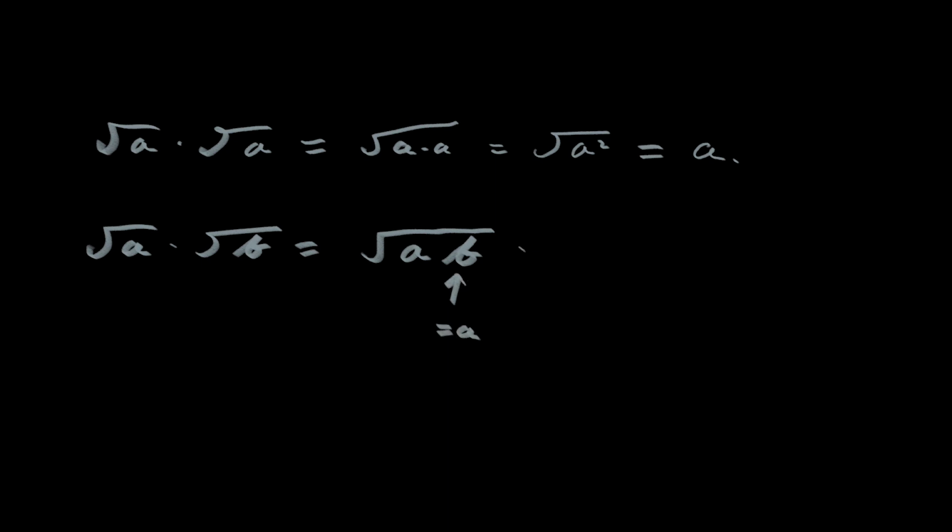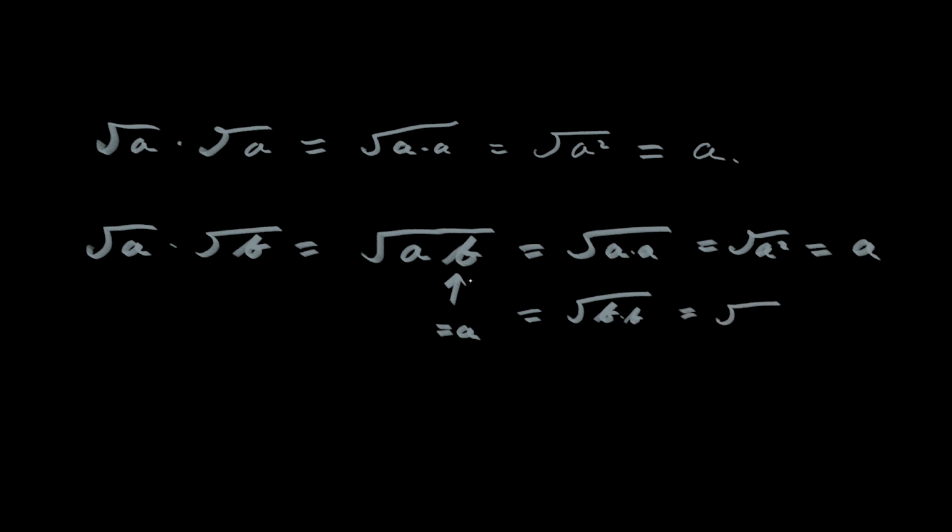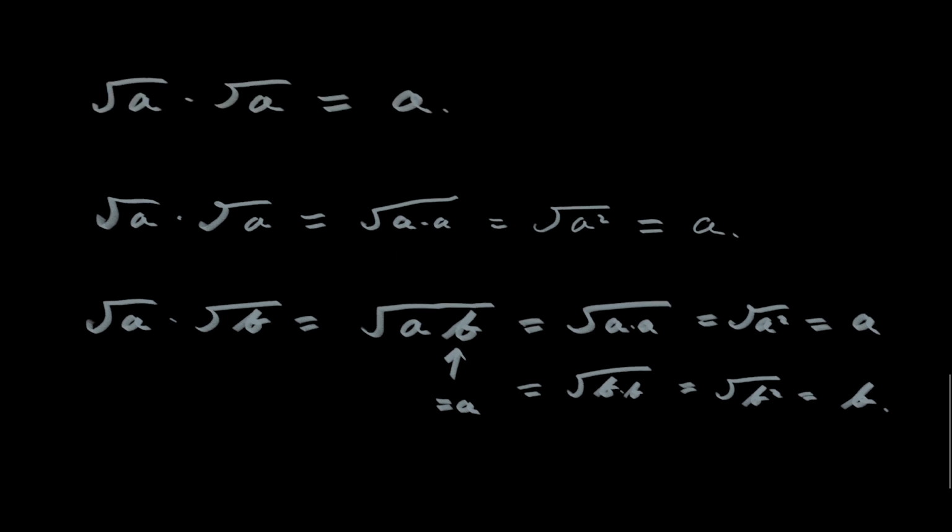Well then, this would just be the square root of A times A. If A equals B, we'd be just as much justified in saying the square root of B times B. And this would be the square root of A squared, because A times A is A squared, and that would equal A. Or if you like B more than A, this would be the square root of B squared, and that would just equal B. So this isn't really a third property. It's just a special case of the product property of radicals.